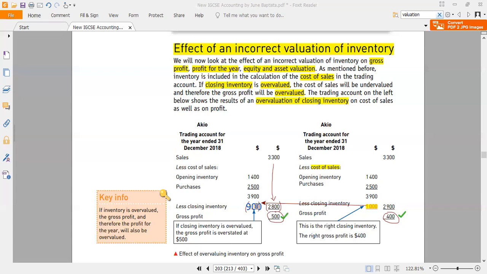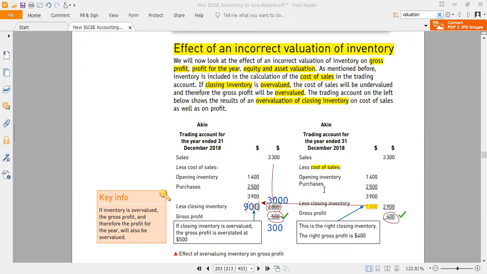So what will happen? 3900 minus 900, your answer would be 3000. So if you are writing 3000, then what will happen? 3300 minus 3000, you will get 300. Are you getting the point?